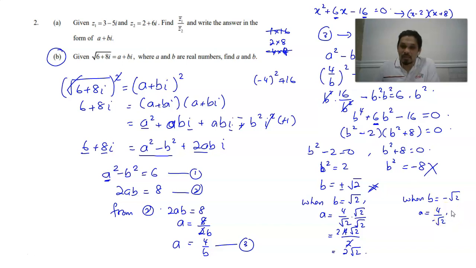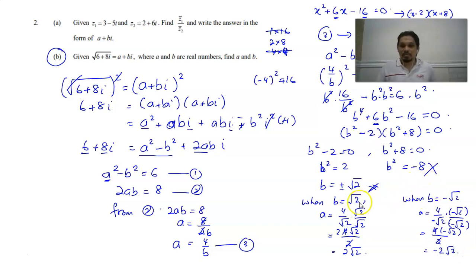Multiply with negative square root of 2 over negative square root of 2. Negative times negative is positive, square root of 2 times square root of 2 is 2, and 4 times negative square root of 2, then 4 divided by 2 equals negative 2 square root of 2.